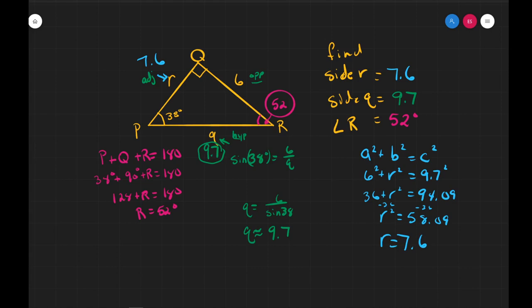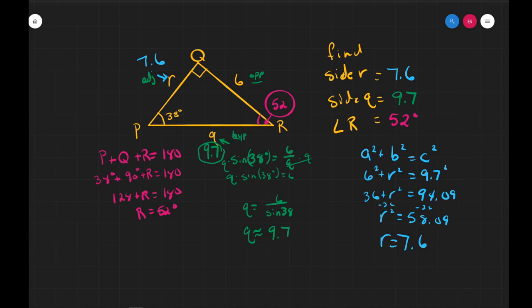And then I solved. So to solve this, remember we need to multiply both sides by Q. Whatever's in the denominator, we need to multiply by that. Multiply both sides by Q, and we have Q times sine of 38 degrees equals 6.